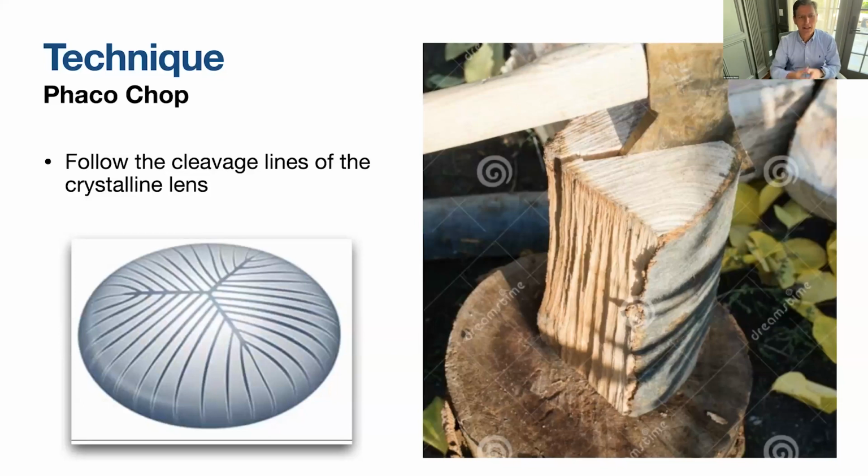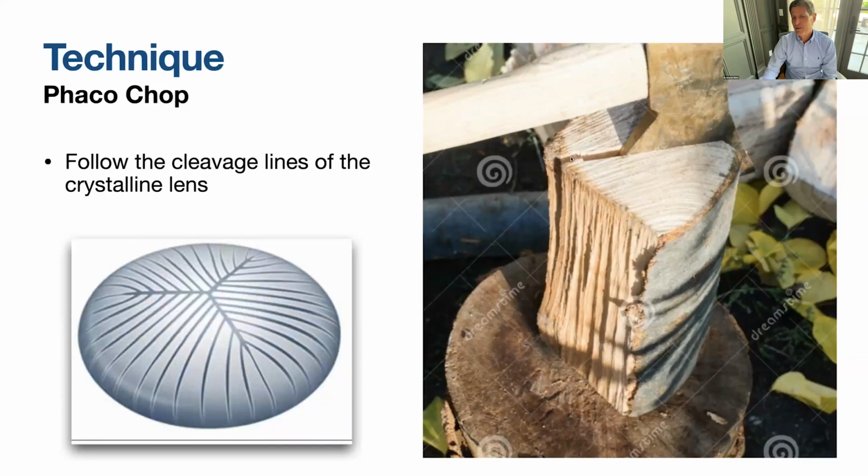In the chopping techniques, basically what we do is follow the cleavage lines of the crystalline lens to fracture it and divide it, because the lens is so dense and so hard. If we find these cleavage lines, it'll be easy to fracture. Just as we do when fracturing wood, basically we don't have to go through and through in our wood.